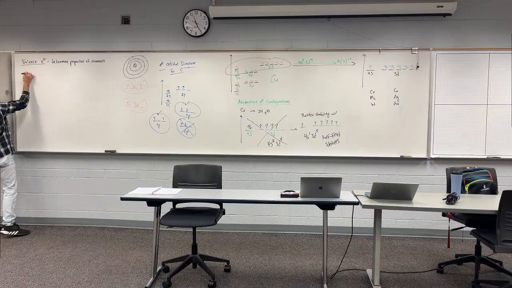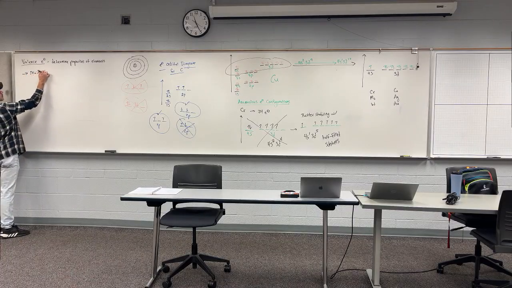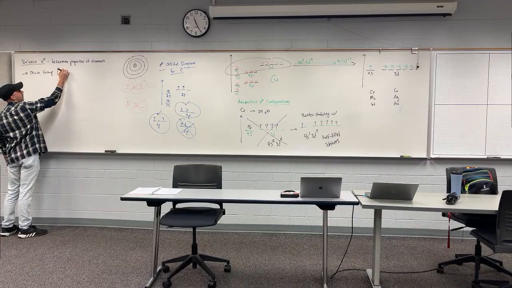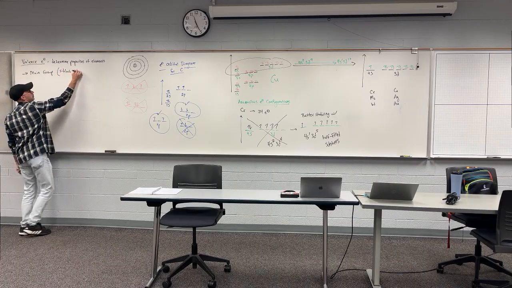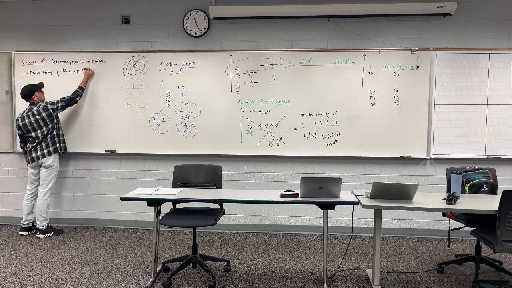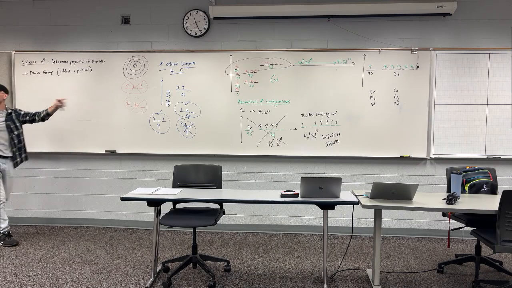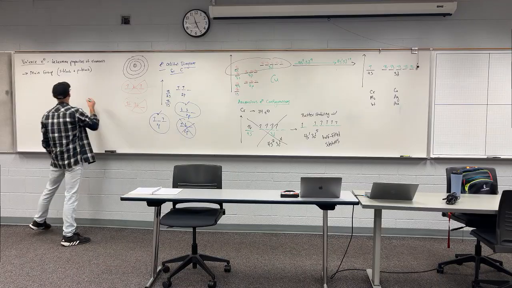If we're looking at main group elements, that is S block and P block elements, or it's those columns, 1A, 2A, skip over the D block, 3A through 8A.